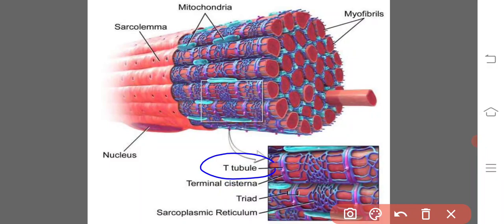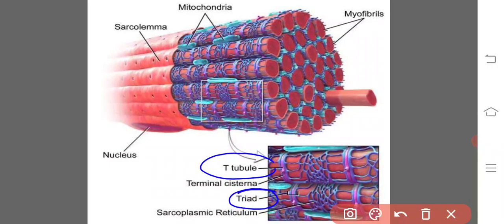Then if you observe, a T-tubule is present in the middle. On either side of the T-tubule, you can find the terminal cisternae of the sarcoplasmic reticulum. So a transverse tubule and the two terminal cisternae of the sarcoplasmic reticulum on both sides form a triad system.